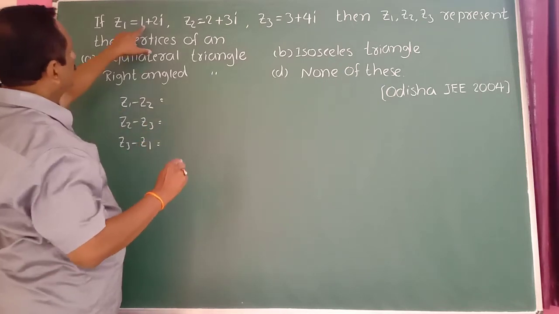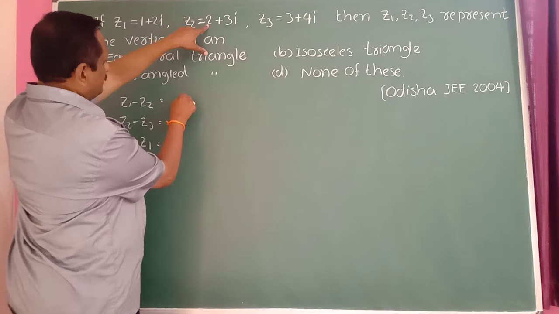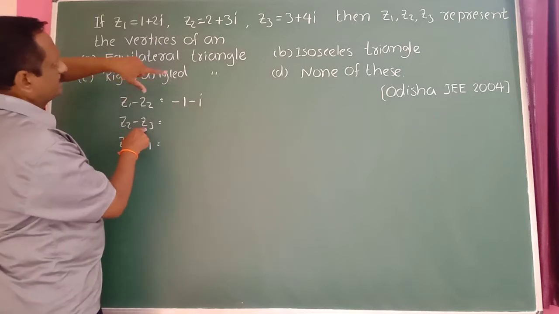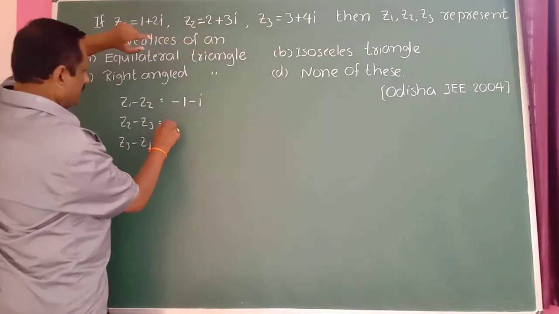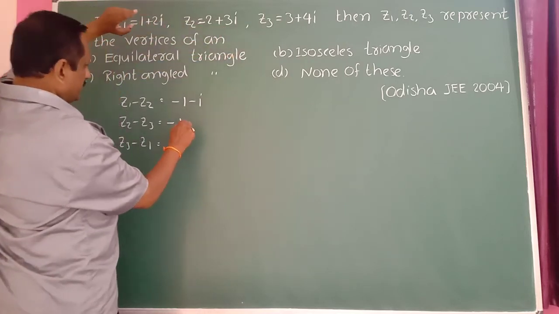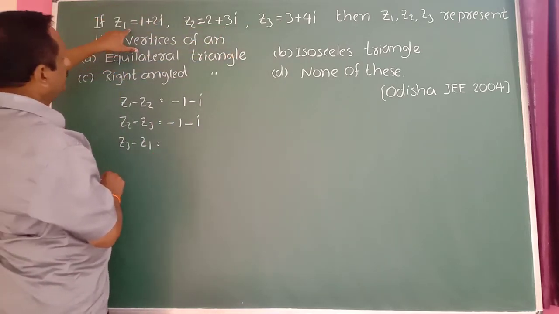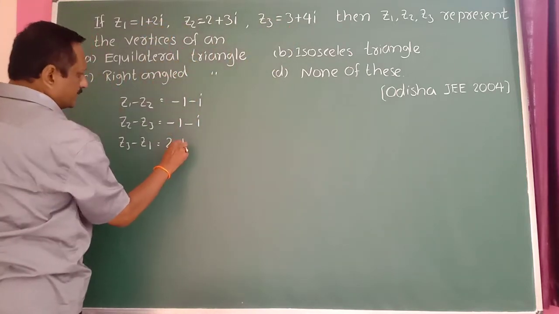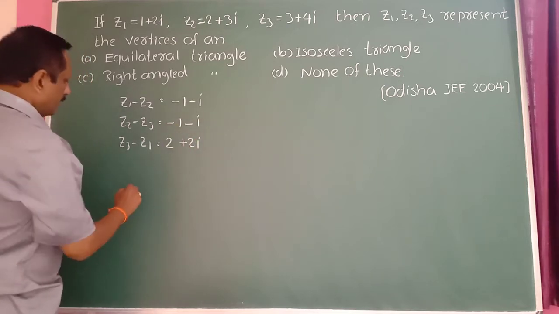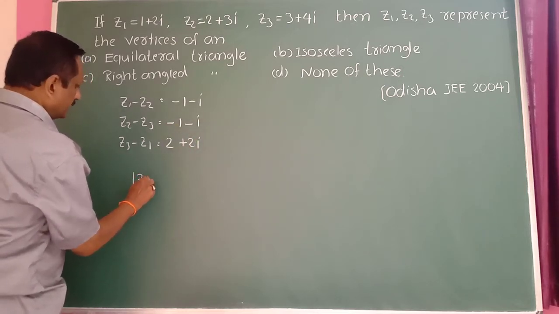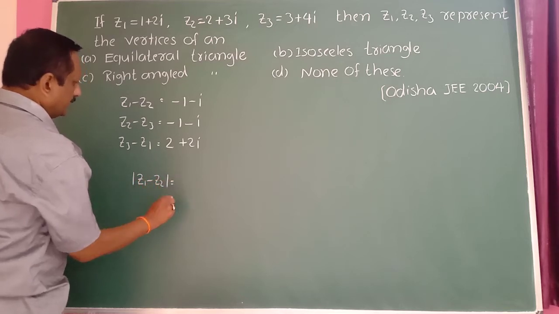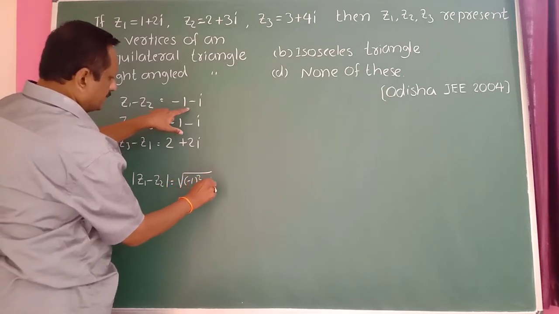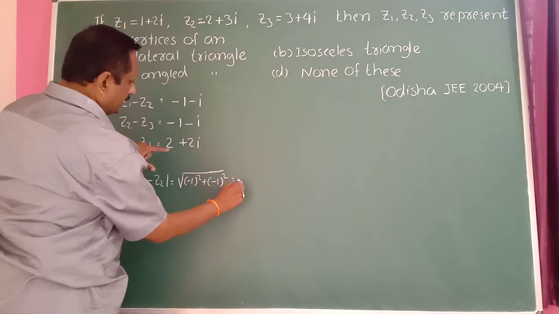So z1 minus z2: 1 minus 2 is minus 1, 2i minus 3i becomes minus i. z2 minus z3: 2 minus 3 gives minus 1, 3 minus 4 gives minus i. z3 minus z1: 3 minus 1 gives 2, and 4i minus 2i becomes plus 2i. Therefore, modulus of z1 minus z2 is the root of minus 1 square plus minus 1 square, which is root of 2.